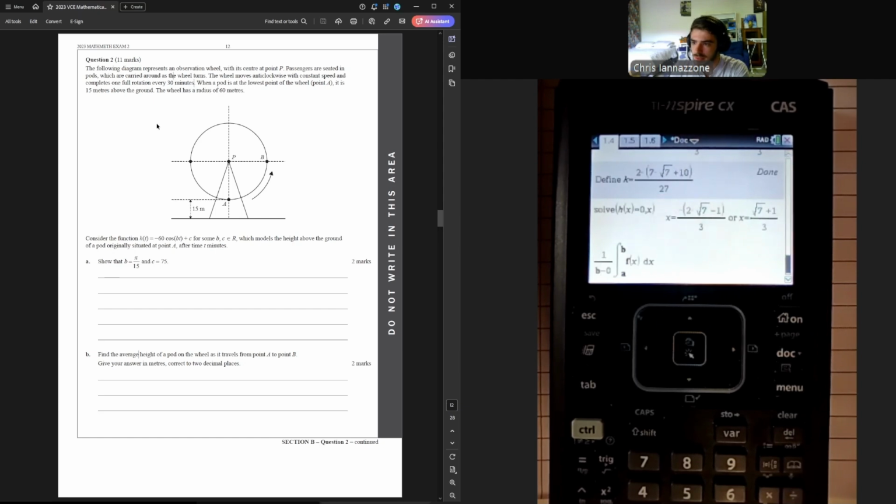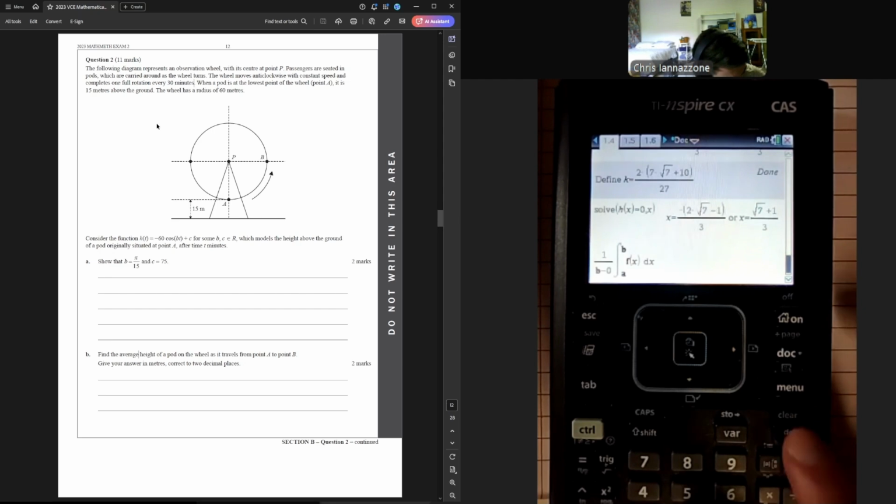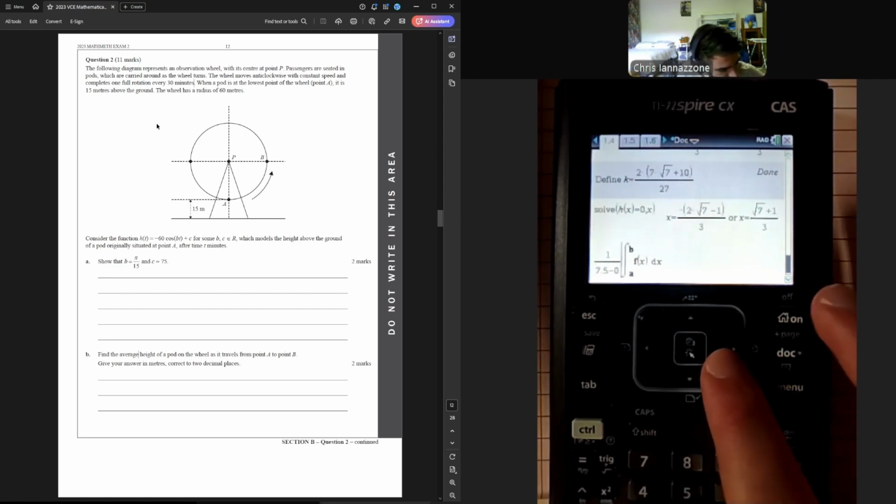If it takes 30 minutes to do a full revolution, then it's got to take 15 minutes to do a half revolution, it's got to take 7.5 minutes to do a quarter revolution. So our upper bound is going to be 7.5.